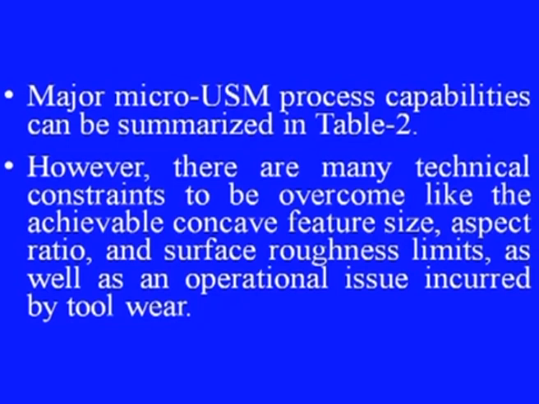However, there are many technical constraints to be overcome, like the achievable concave feature size, aspect ratio and surface roughness limits, as well as an operational issue incurred by tool wear. So, these are the main issues.